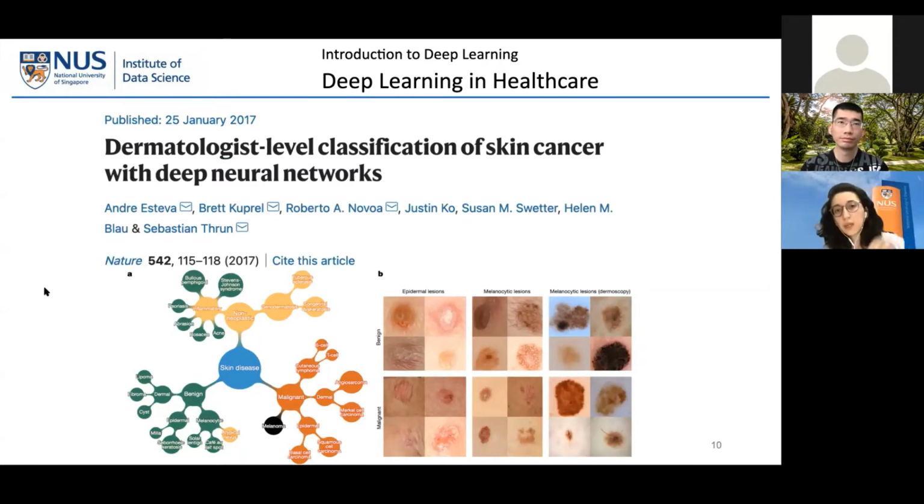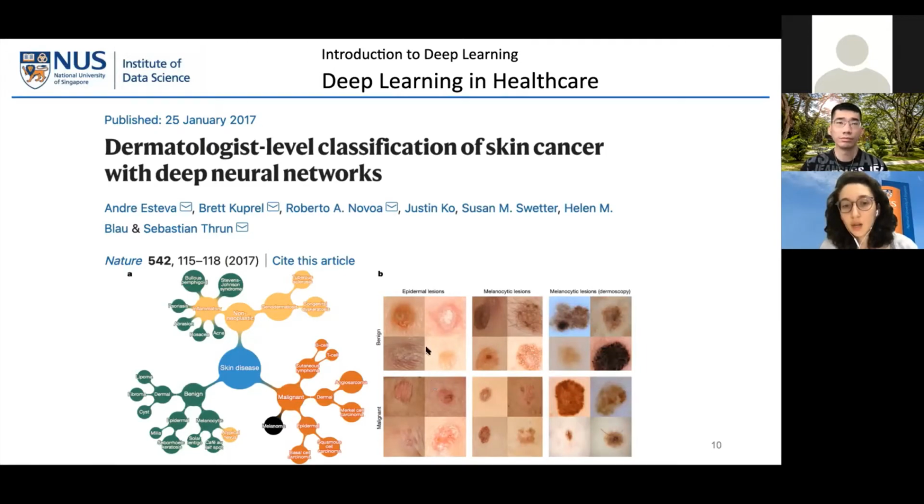Now about deep learning in healthcare. I guess the main milestone in deep learning for healthcare is a paper published in Nature in 2017, so quite some time now, that used deep learning models, convolutional neural networks more precisely, to detect skin cancer, to be able to distinguish between benign and malignant skin lesions, okay?